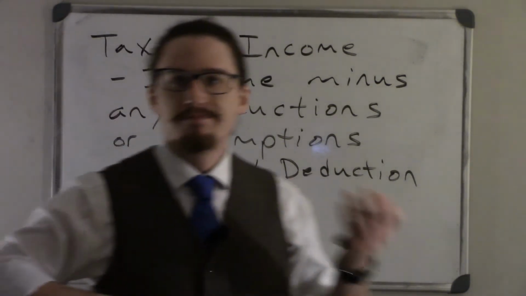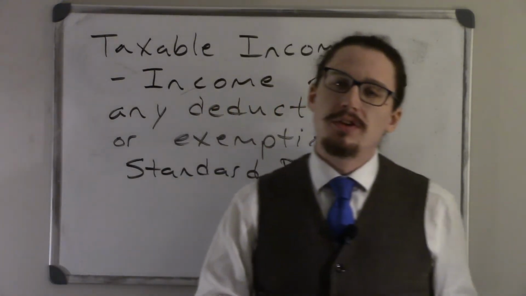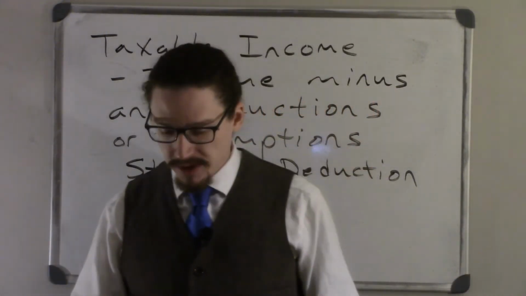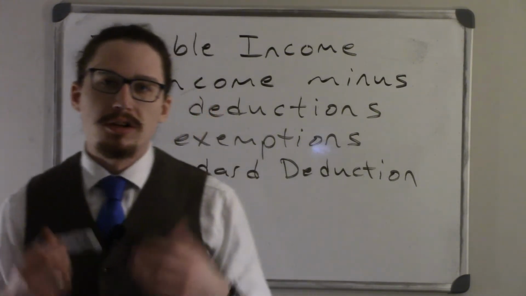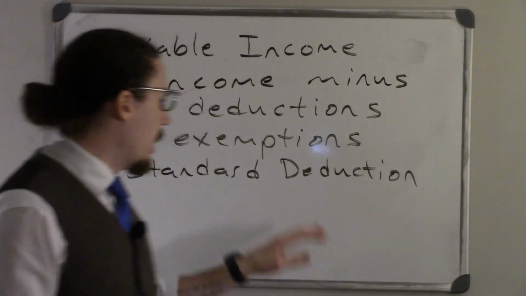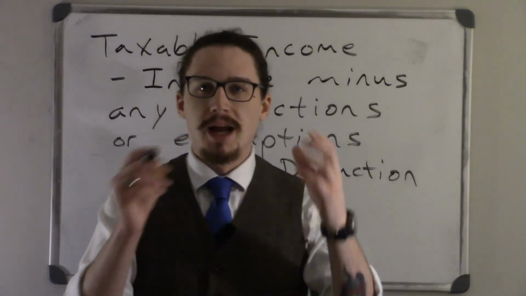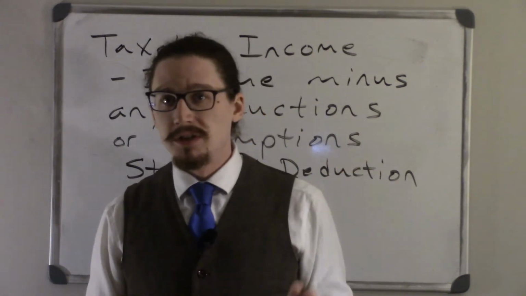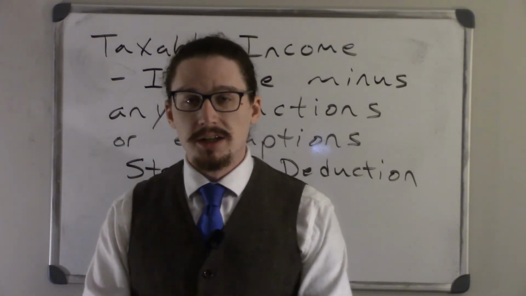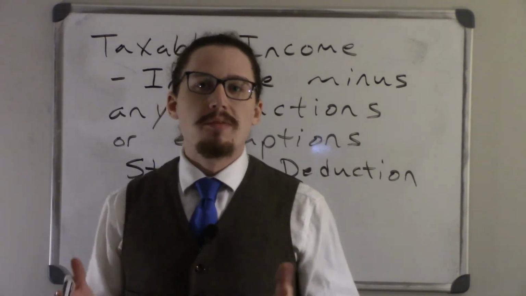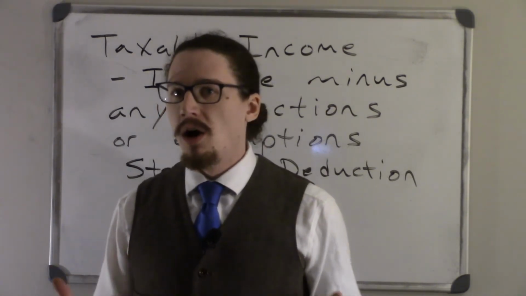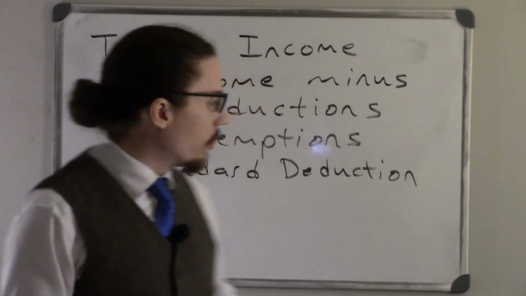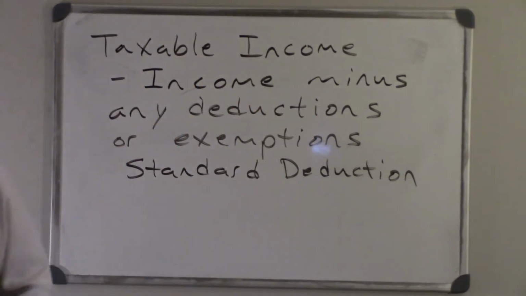So if you've got a bunch of charitable donations, you've got a bunch of other things, work expenses, these are things that are deductible. If you have a bunch of those, you might do an itemized deduction where you put in each individual thing that you are trying to get a deduction for. However, probably for most of us, we aren't going to have that many of those, and what we're going to go with is the standard deduction.